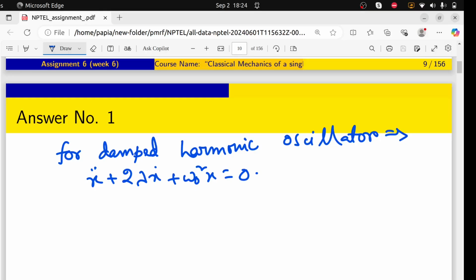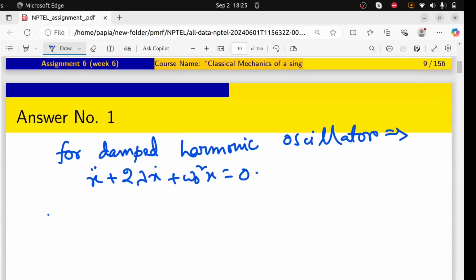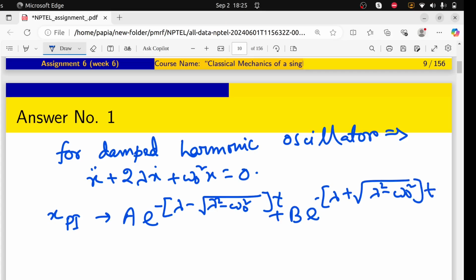Okay. Now what is the solution? Let's say I'm talking about x(t) only. x(t) is A e to the power minus lambda minus root over lambda square minus omega 0 square into t plus B e to the power minus lambda plus root over lambda square minus omega 0 square t, these things, right?